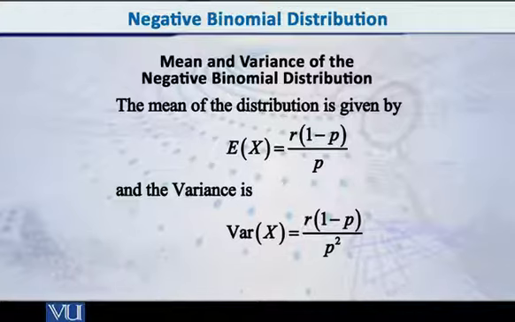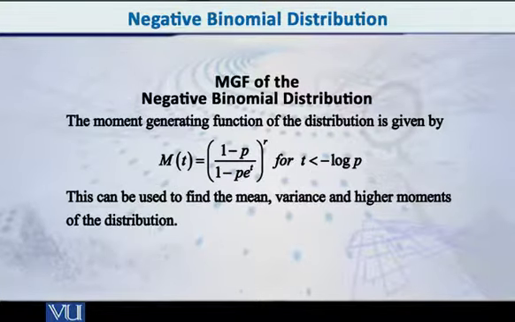I also would like to present to you the formula of the MGF of the negative binomial distribution. As you can see on the screen, M(t), the moment generating function of this particular distribution, is given by ((1 minus p) over (1 minus p e raised to t)), and this whole thing raised to r, under the condition that t is less than minus log of p.